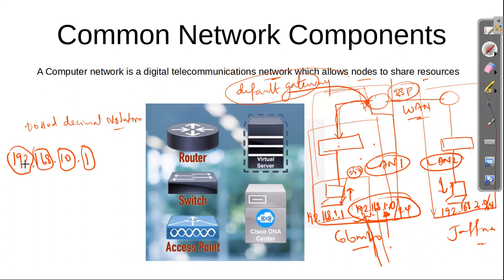There are 8 bits in one octet. This is 11000000, the value you will get in binary if you convert the decimal number. Later in this course, we will discuss how to convert from binary to decimal, decimal to binary, hexadecimal, and octal, everything.